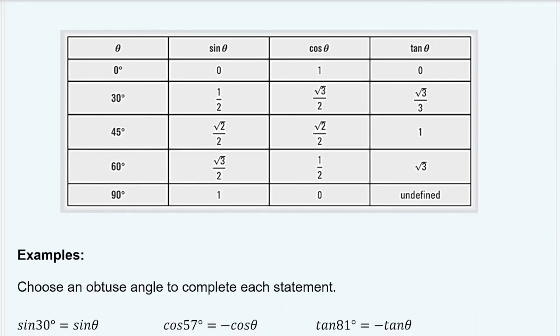So this is a table of exact values. It's going to give you all the information that you need for those few sets of angle values. So if we have 0 degrees, we're going to have 0, 1 and 0. If we have 30 degrees, it's a half, root 3 over 2, root 3 over 3. Now that comes about because of different things with surds that we haven't actually touched on just yet, but it will make sense eventually.